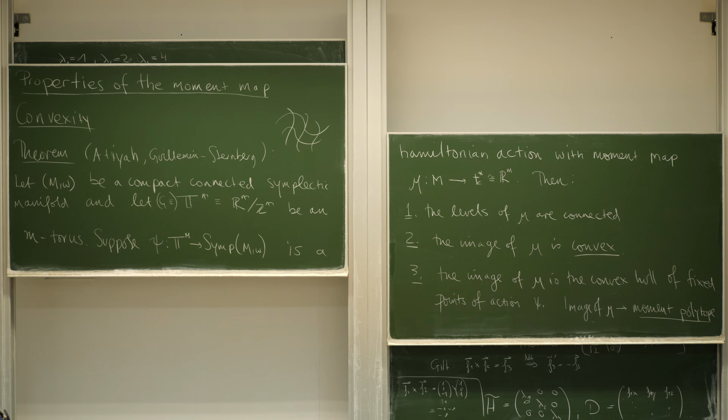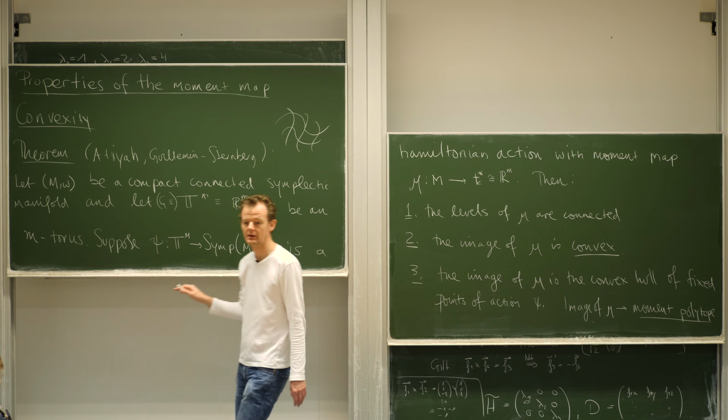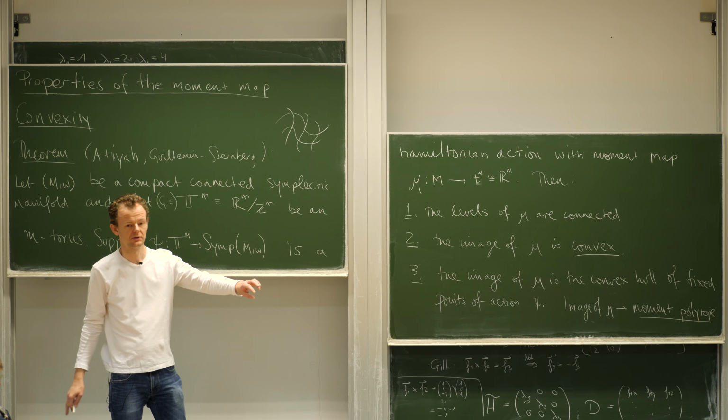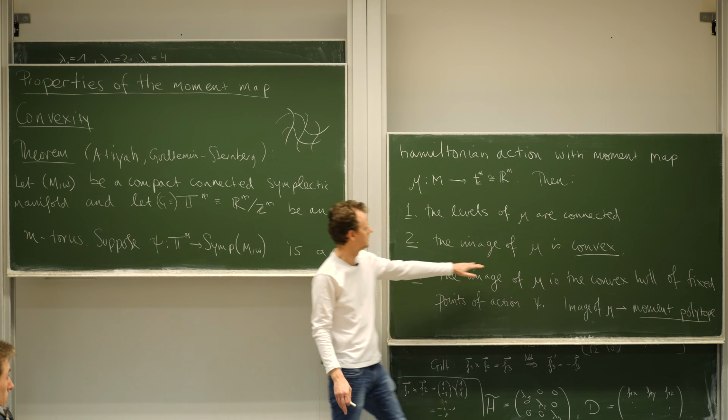So you find the fixed points of the symplectic action here, and then you find the image, and then you take the convex hull, and that is the image of mu.